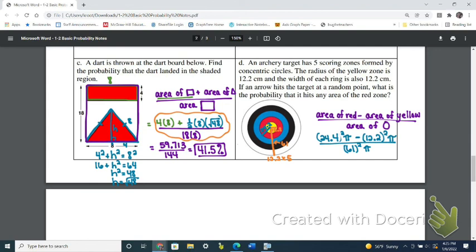When I do that, I get 446.52 pi. And 61 squared is 3,721 pi. Now my pi's cancel out, so I just divide the numbers, and my final answer is 12%.